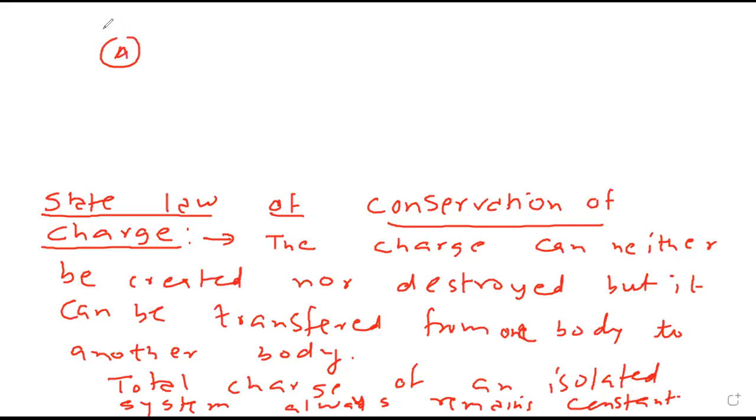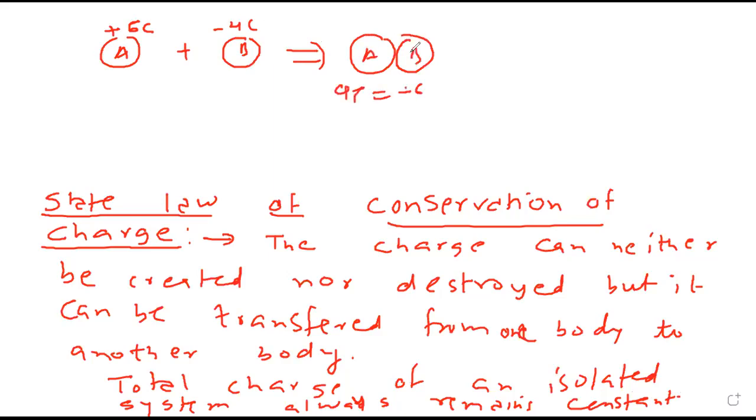Suppose this is body A having a charge of plus 6 coulomb. This is another body of charge minus 4 coulomb. When they are touched together, the total charge will be plus 6 minus 4, that is 2 coulomb. So the total charge will not change, it remains the same. Now when I separate these two bodies again, each will acquire half of the charge, 1 and 1.